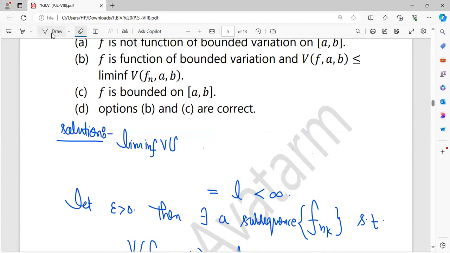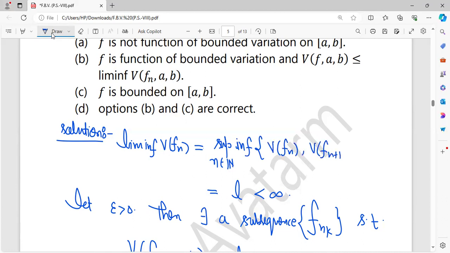What is the meaning of the limit inferior of V(F_n)? It means V(F_n, [a, b]), the supremum over n belongs to N of the infimum of V(F_n), V(F_(n+1)), and you can write one more term here also, V(F_(n+2)) and so on.